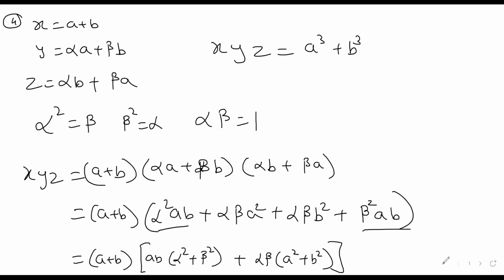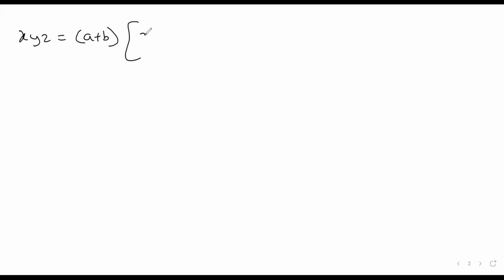Now alpha square is beta, beta square is alpha, so we can write it as ab times (beta plus alpha) plus alpha beta, which is 1, into a square plus b square.